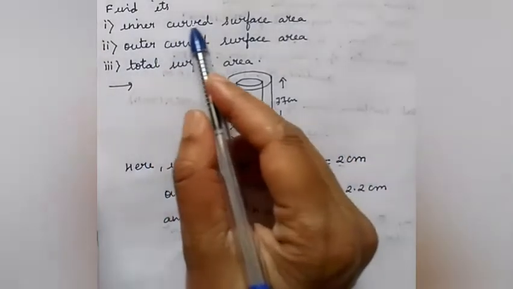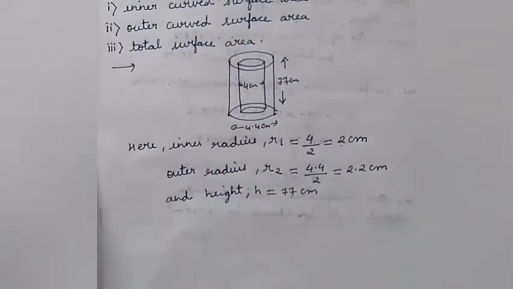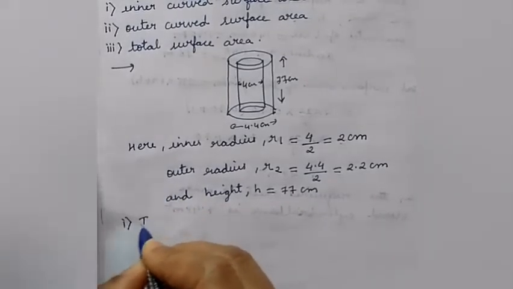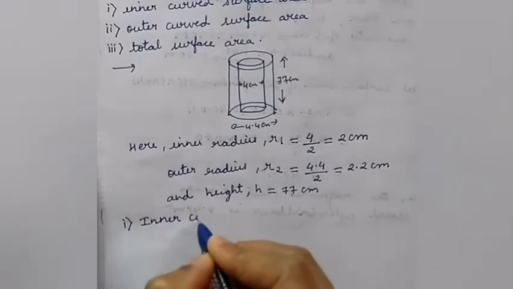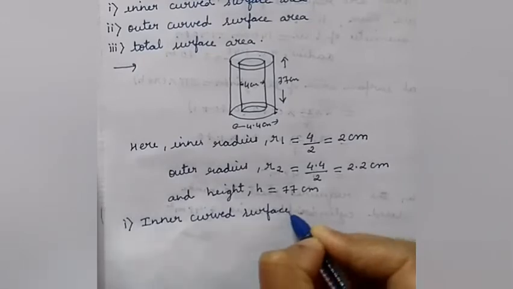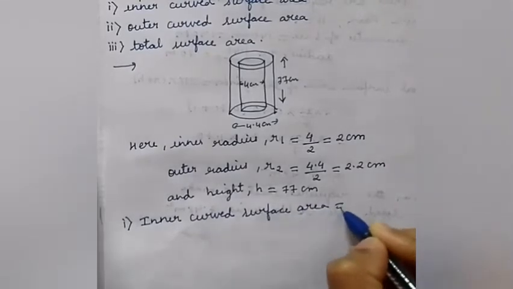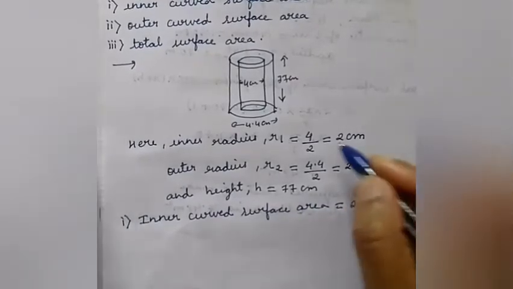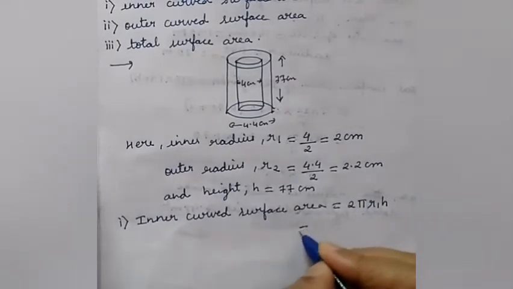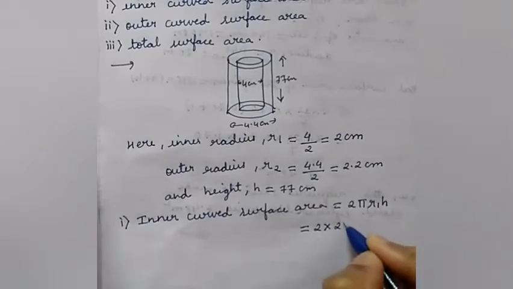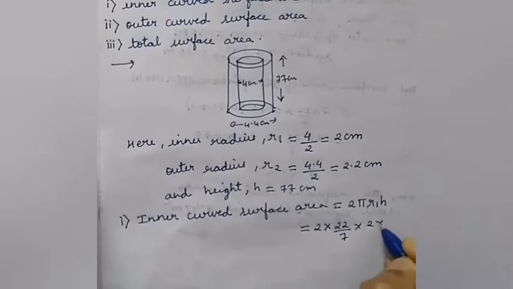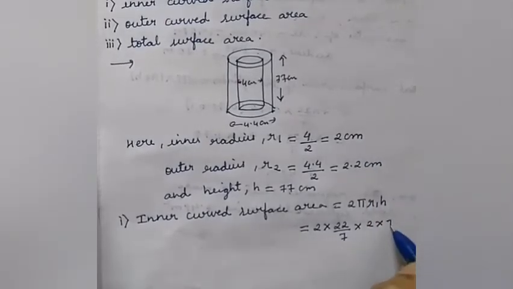First we are asked to find the inner curved surface area. So inner curved surface area is equal to 2 pi r1 into h, that is equal to 2 into pi is 22 divided by 7, r is 2 into h given is 77.